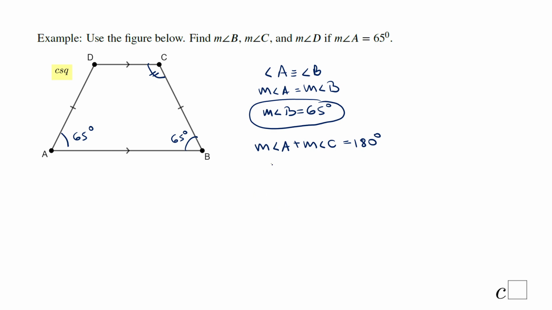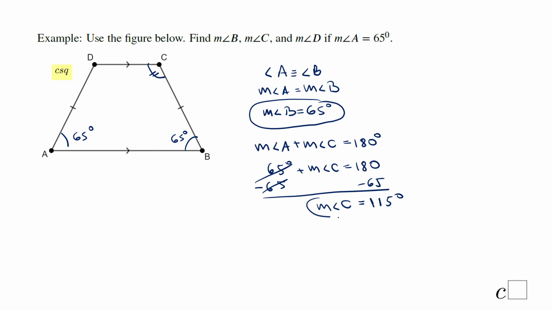So now we have 65 degrees plus the measure of angle C equals 180. We subtract 65 on each side, so the measure of angle C equals 115 degrees. And we have one more, angle D, which is congruent with angle C. They are base angles. So the measure of angle D will also be 115 degrees.